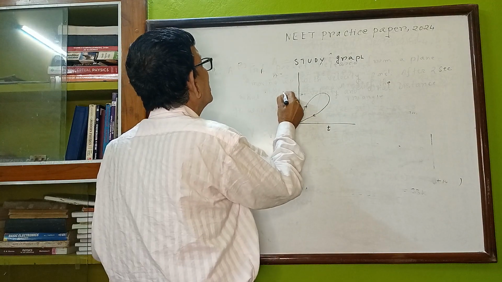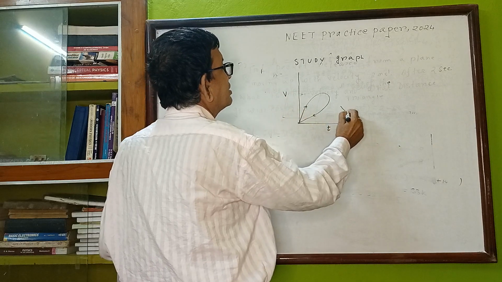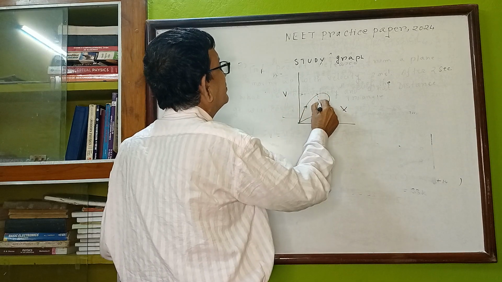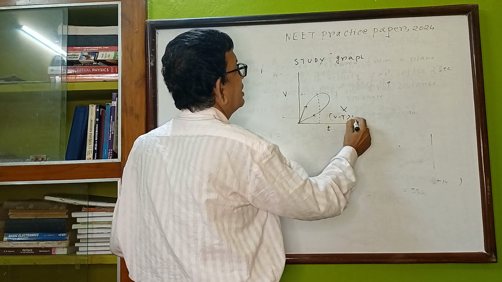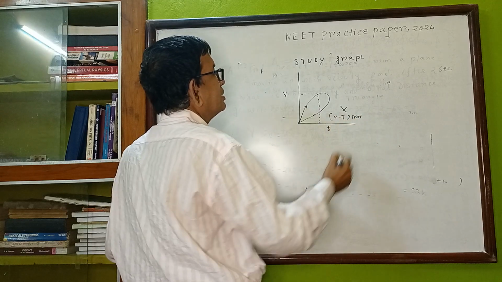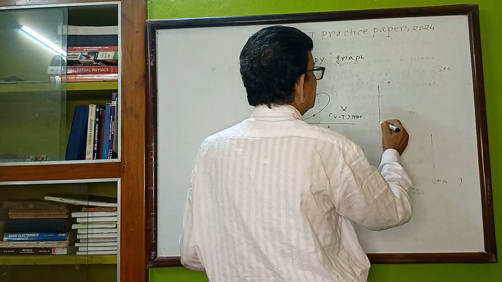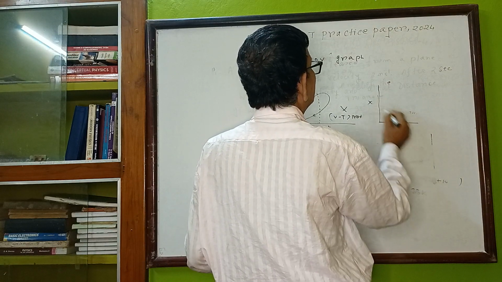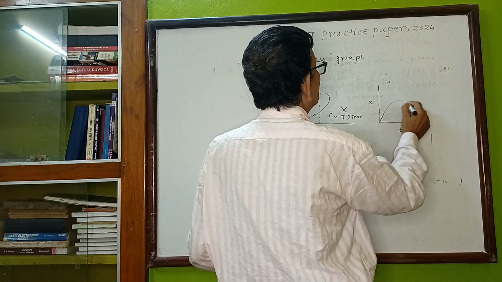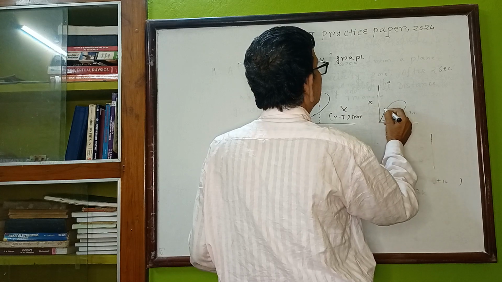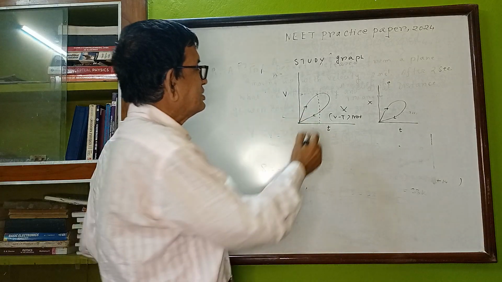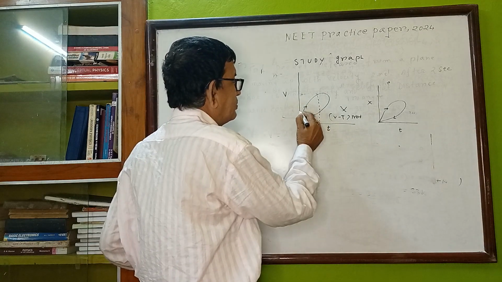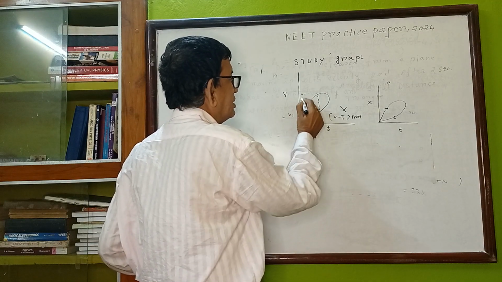Suppose in that graph you take velocity against time, it is not possible, because at the same time you are getting two velocities, V1 and V2.